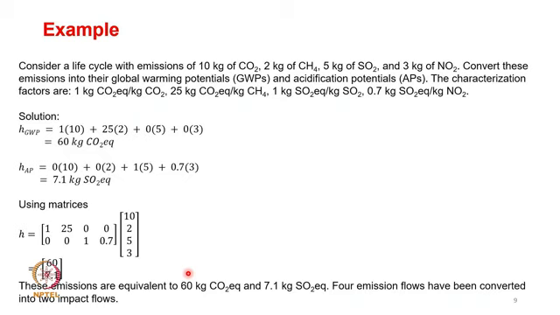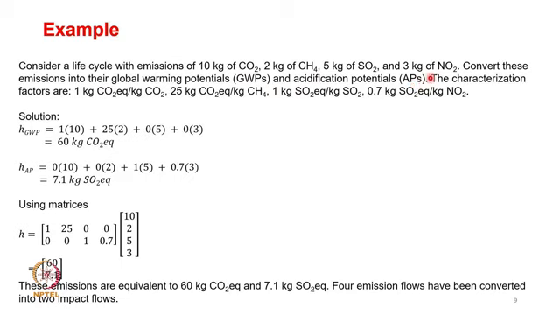Consider a life cycle emission of 10 kilogram CO2, 2 kilogram CH4, 5 kilogram of SO2 and 3 kilogram of NO2. Convert these emissions to the global warming potential and acidification potential.